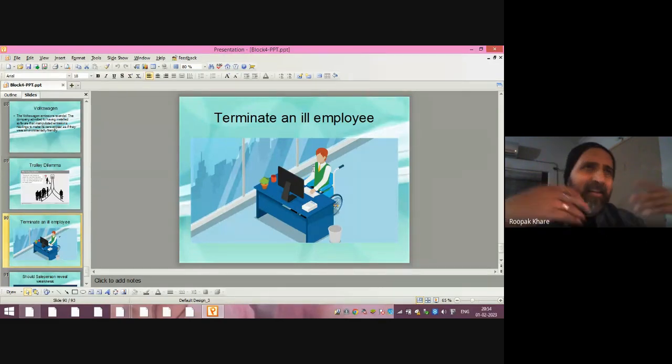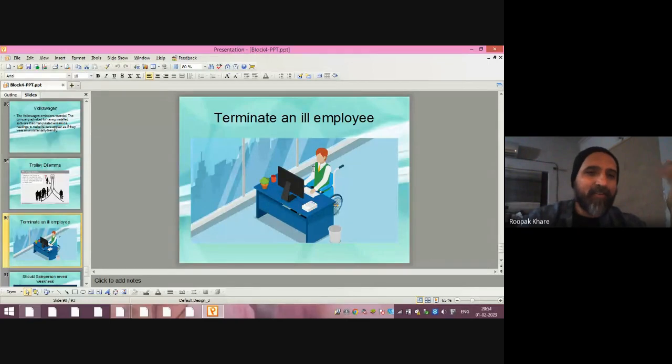The same happens with any other disease, believing that this person has now caught tuberculosis or cancer, may not be able to work the best, may not be able to contribute his best, so he is asked to leave the job or is terminated at times.